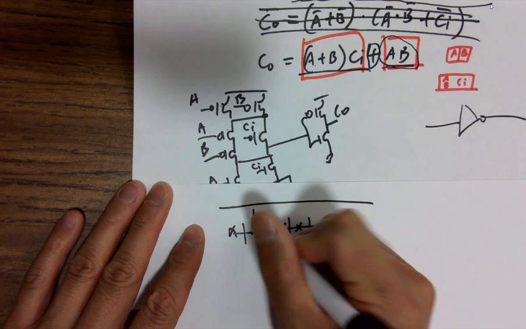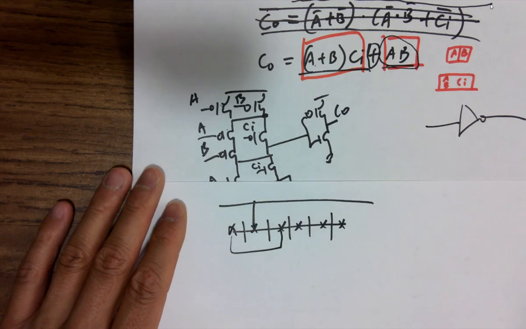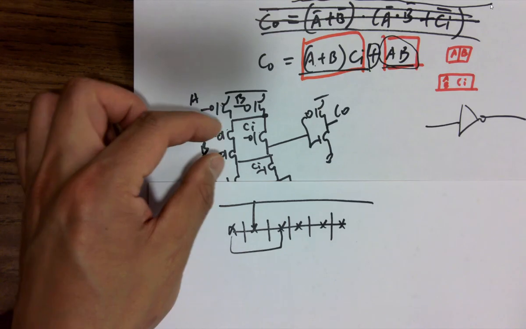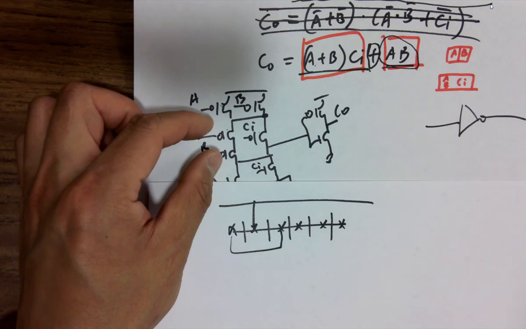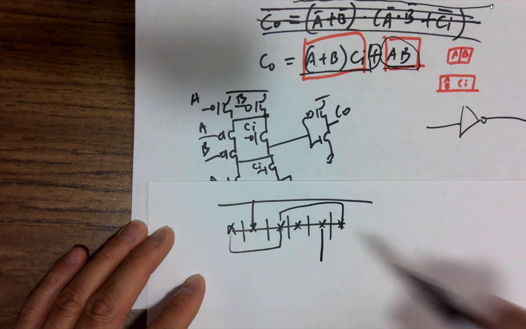Two in parallel, pretty simple. A and B, and then you got two in parallel, but you got two in series first. So this should be pretty simple as well, since you can just do this and this, right?